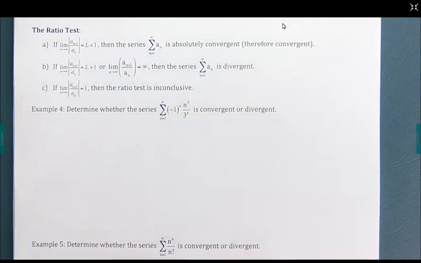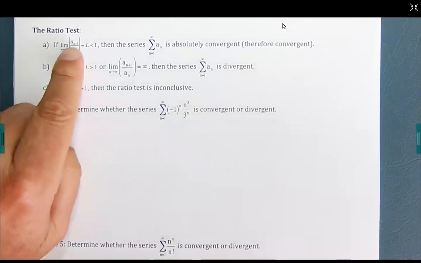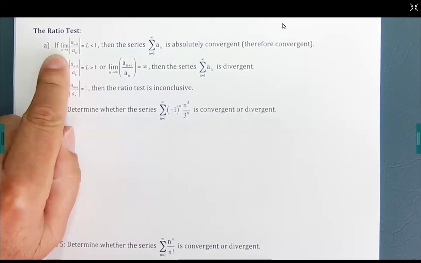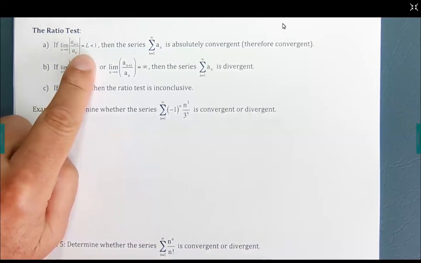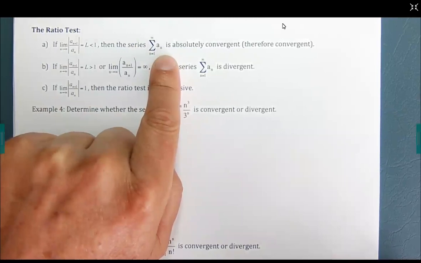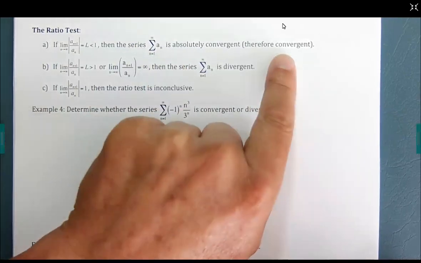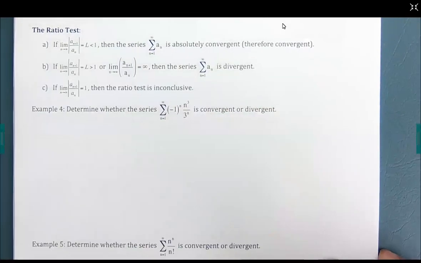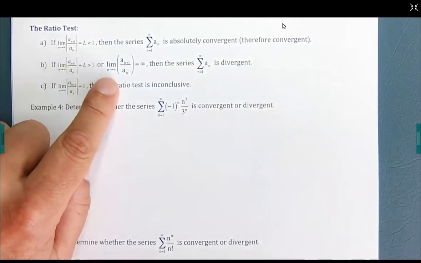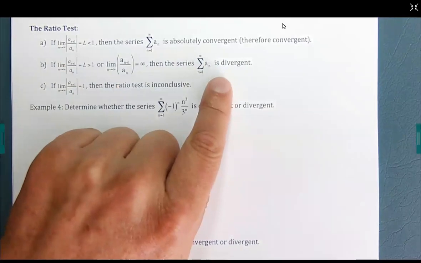The ratio test says that if we take one term ahead of another and take the absolute value, take that limit, and that limit goes to a specific number that is less than 1, then the overall series is not only absolutely convergent, but it's also convergent by our theorem. If that same limit goes to something bigger than 1, or it goes to infinity, or it won't go to negative infinity because we're taking the absolute value, then we say that it's divergent.